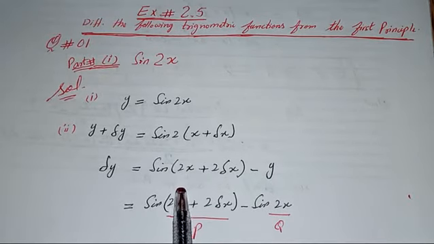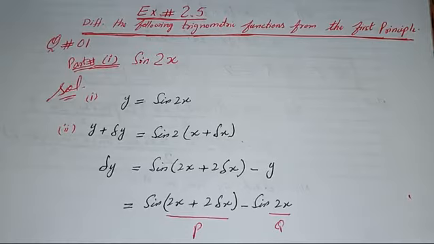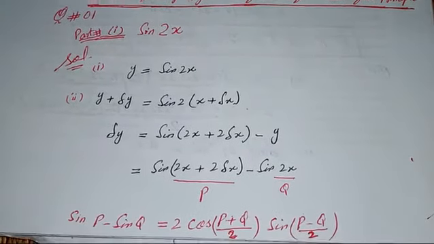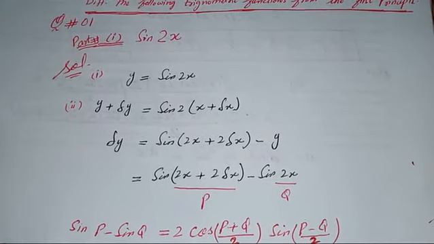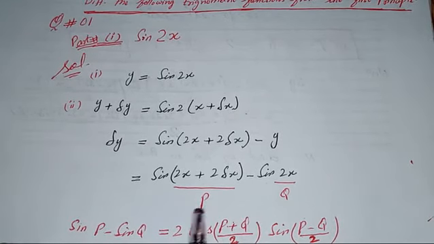Now you can observe here sin 2x plus 2 delta x minus sin 2x. This is the sin p minus sin q formula that you used in your previous exercise. I have written the formula here. It can be written as sin p minus sin q is equal to 2 cos of p plus q over 2 times sin of p minus q over 2.